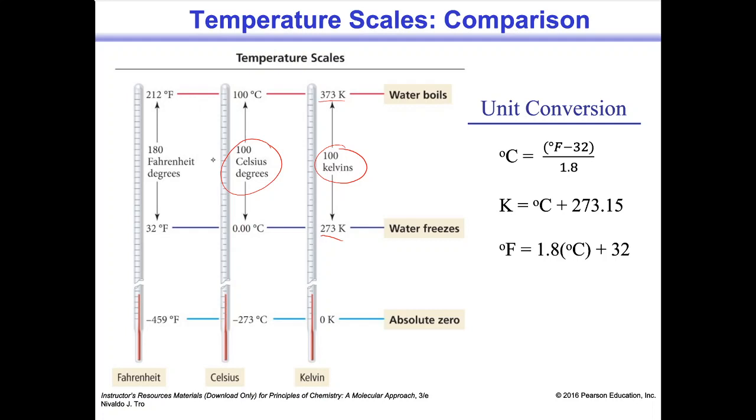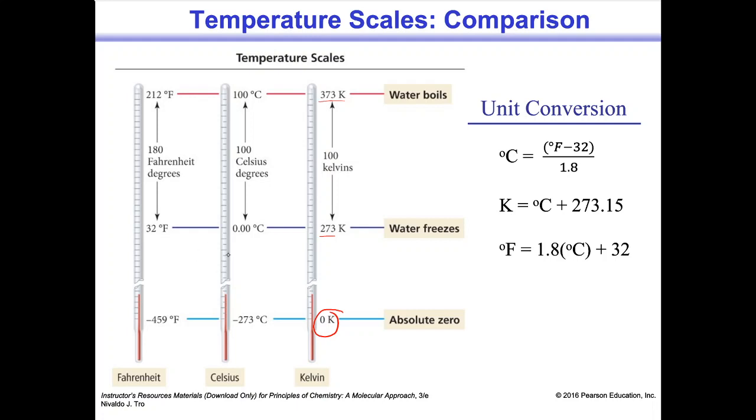With the Kelvin scale, we wanted to make it so that absolute 0 was 0 K, so we had to bump the Celsius scale up 273. What that gives us is a freezing point of water of 273 and a boiling point of water of 373.